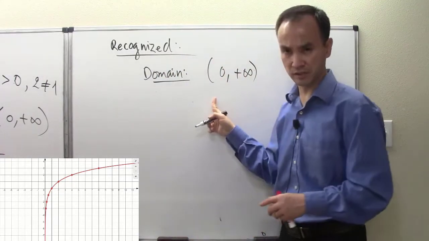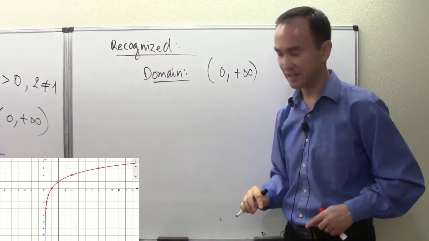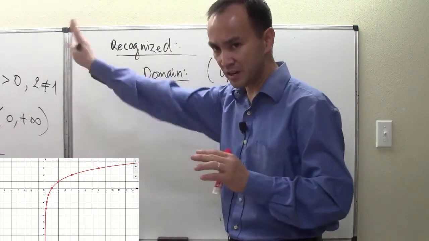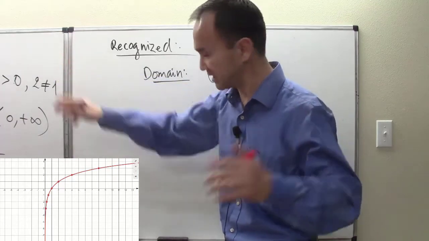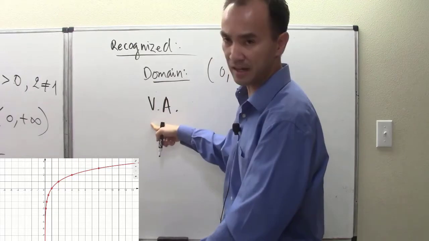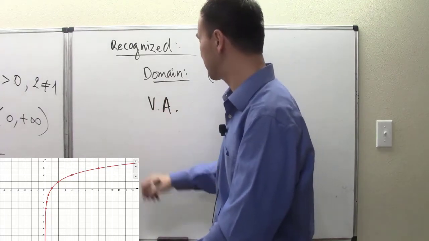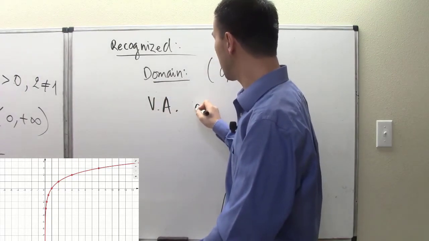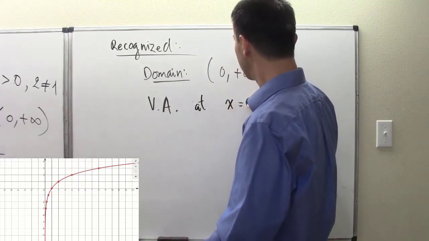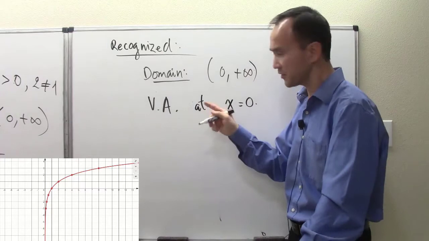We already knew this even before we pulled up the graph. But the graph now shows something that we did not see on the board before: we have a vertical asymptote. Allow me to call that VA. We have a vertical asymptote at x equals 0 for this function.